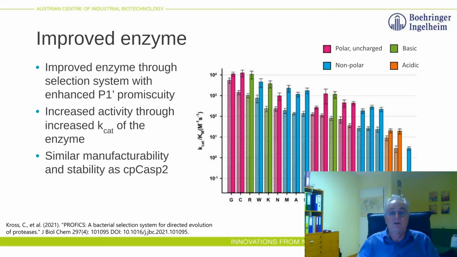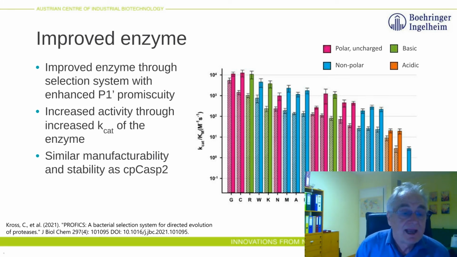So what you see here, the non-dashed bars, shows the improvement in kcat over Km. And on the very right-hand side with the proline, you already see that this proline can now also be cleaved pretty fast.